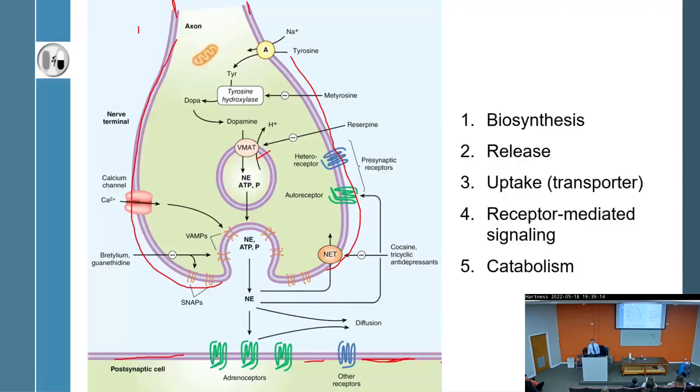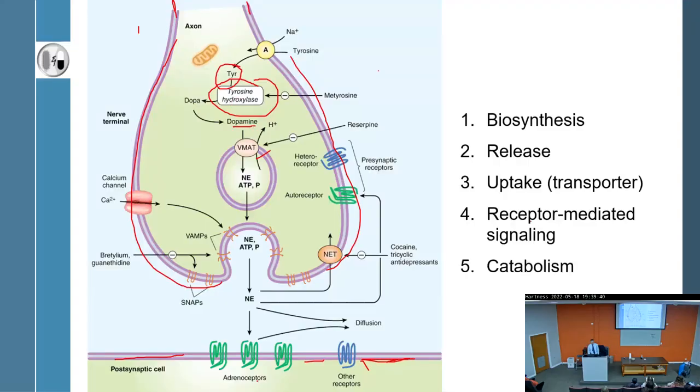So, as I mentioned, the synthesis happens in the terminal nerve. You can see here the enzyme in charge of the first step of the synthesis, tyrosine hydroxylase. The first substrate in the pathway is the amino acid tyrosine. Then we have the different steps.